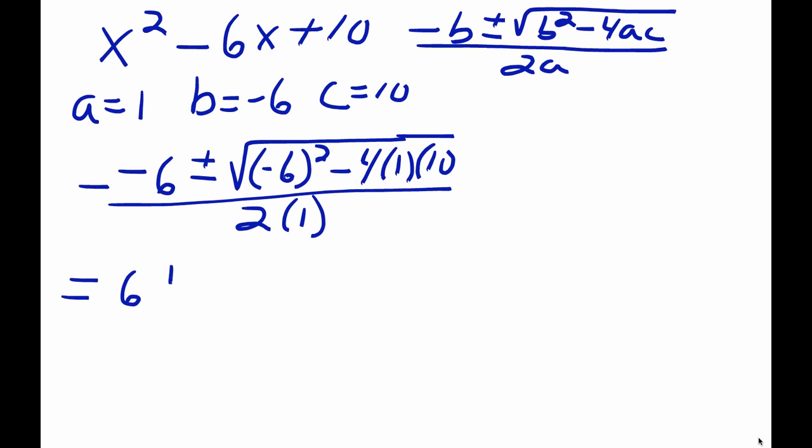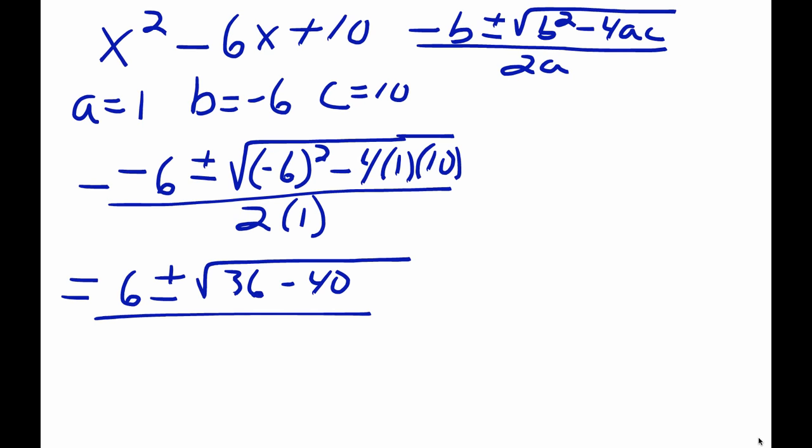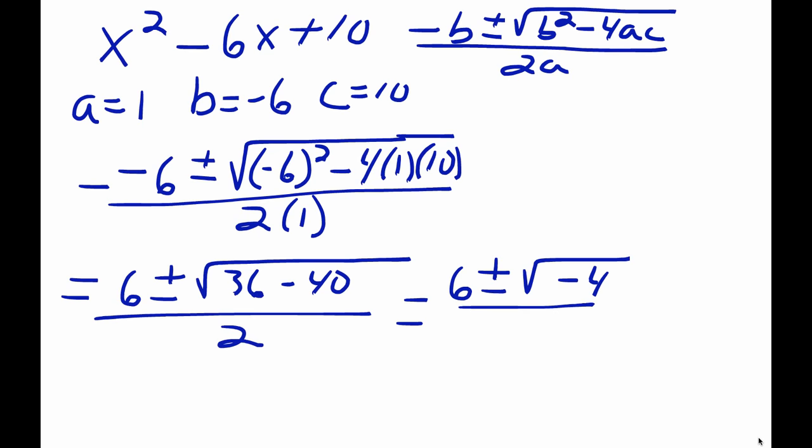So that's going to equal 6 plus or minus the square root of negative 6 squared is 36, and 4 times 1 times 10 is 40, so it's minus 40 all over 2. So that's going to be 6 plus or minus the square root of negative 4 all over 2. And since we have a negative underneath our square root, that means it's imaginary, so I got to pull that negative out of there.